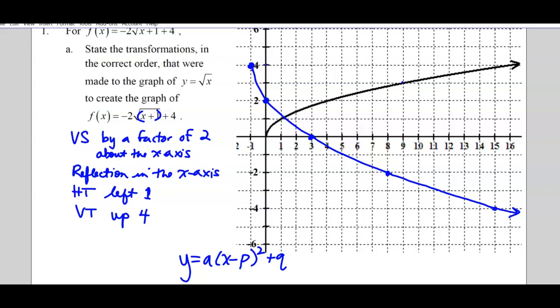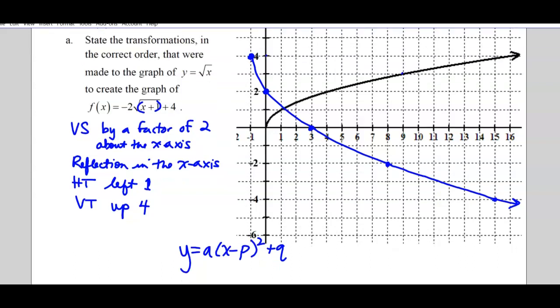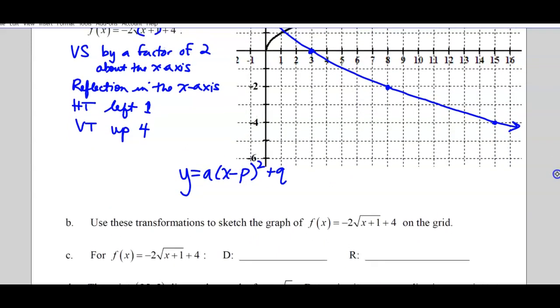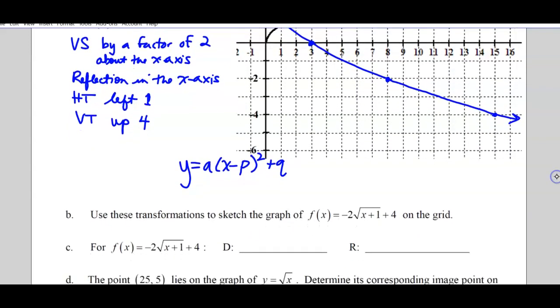Okay? And then 4 units over is normally 2. Now it would have to be 4 down from there. So you could actually graph that without having to go all through the transformation. You'll have to see what your comfort level is for doing that.